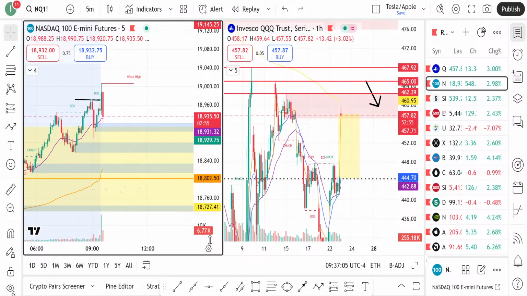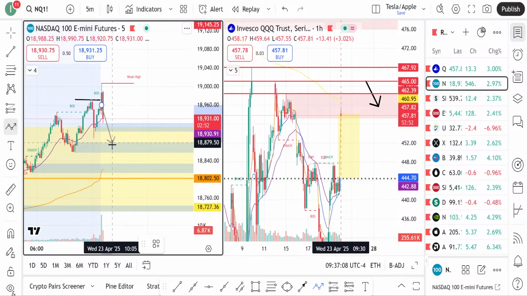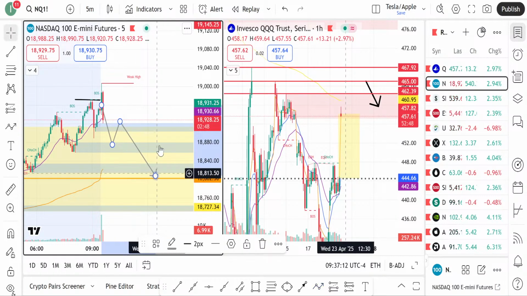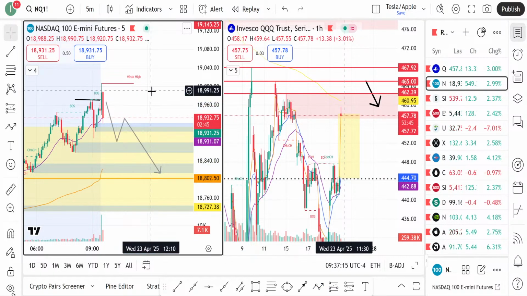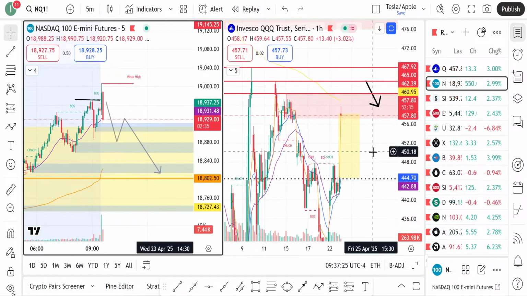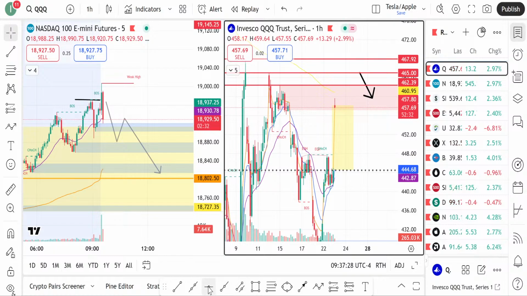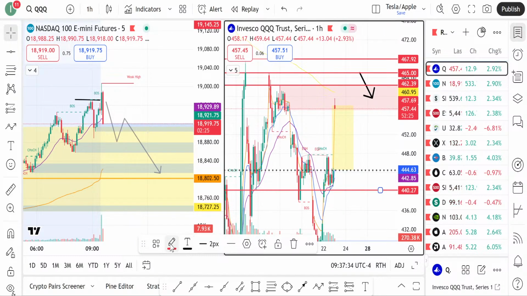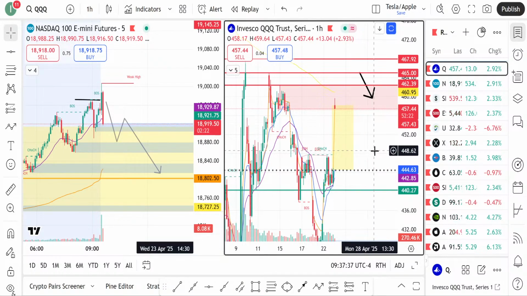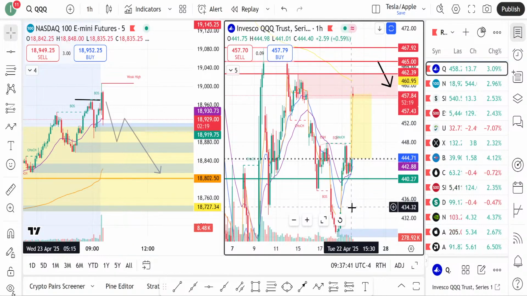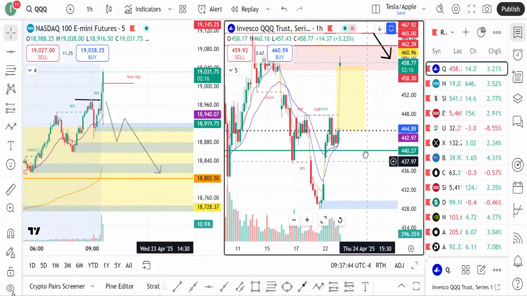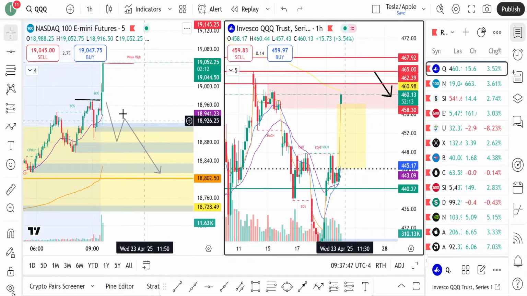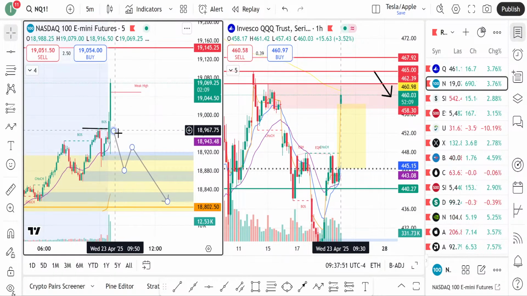So it's now kind of looking like it wants to maybe come down, pull back, and then come down further. Oh, you saw that? This is why we wait. This is why we wait.